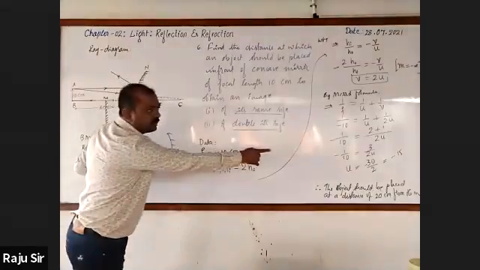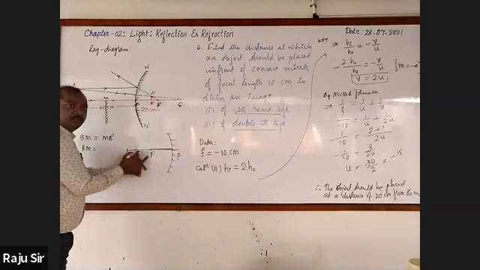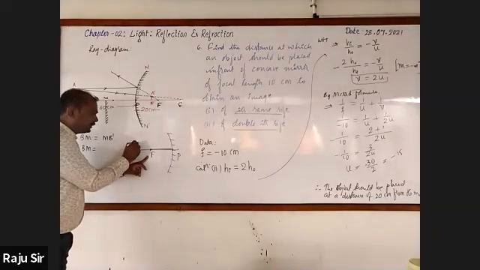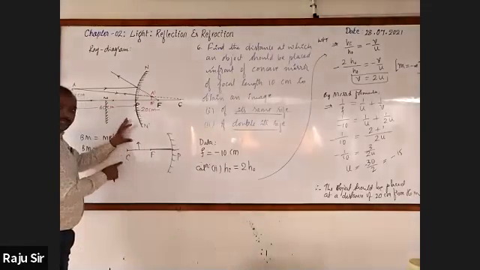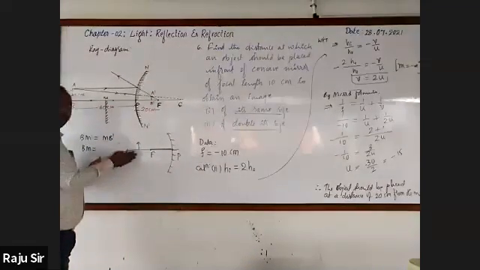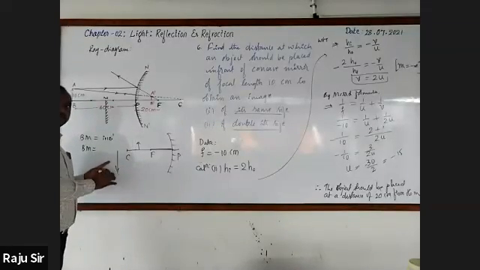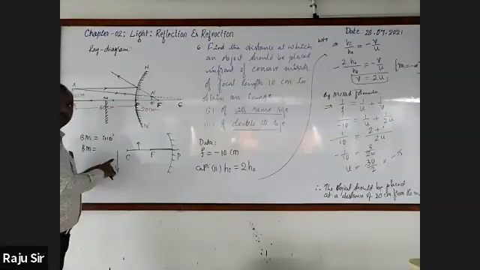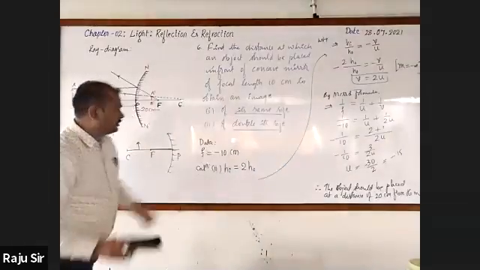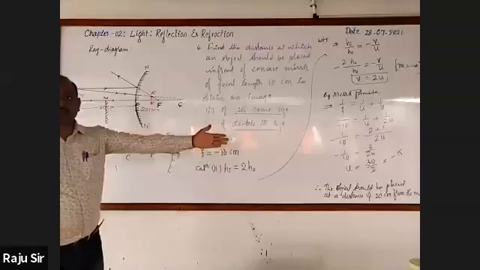Now we are placing the object at 15 centimeter, which means between the focus and the center of curvature, between C and F. We will get the image beyond C, and the image formed is inverted and bigger than the object. Followed or not? Yes, sir. Hence, the calculation we have done is correct.